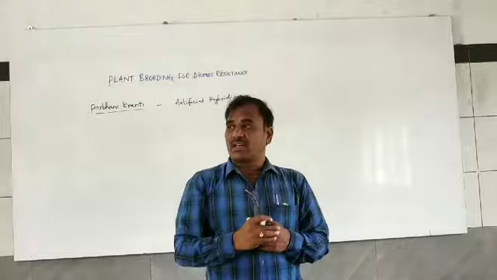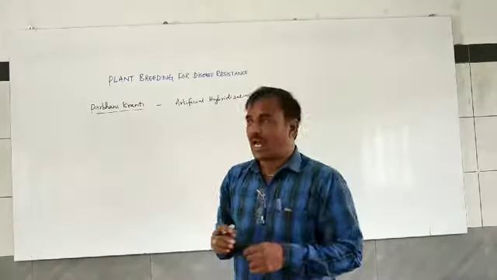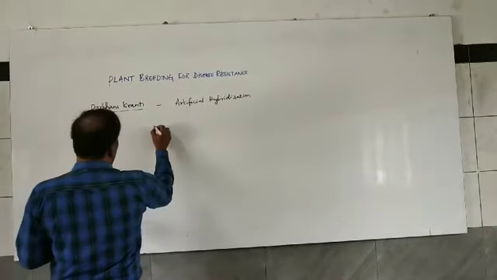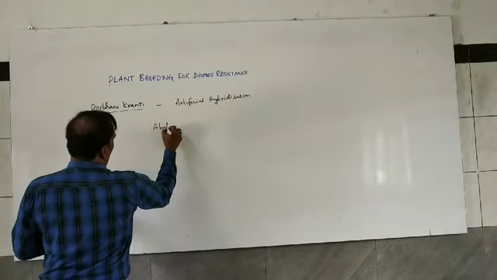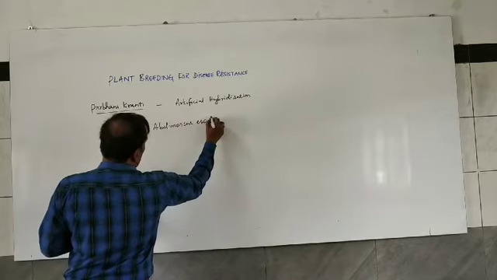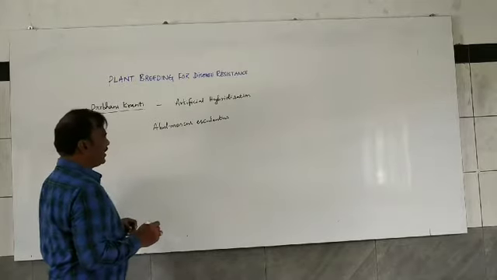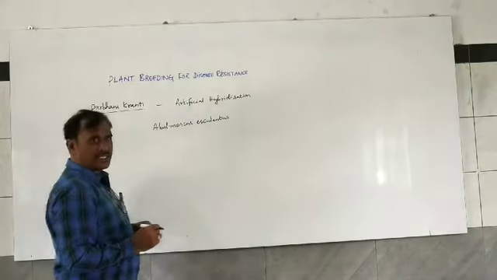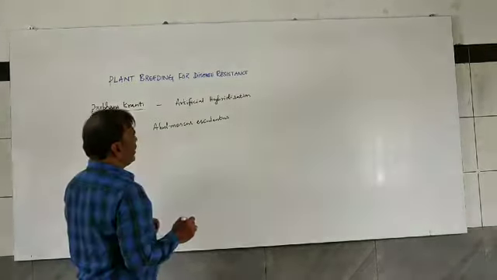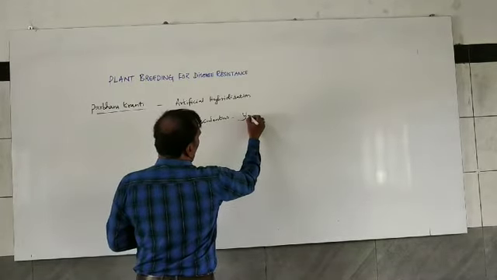In the artificial hybridization method, a high-yielding variety of Abelmoschus esculentus, the Bhendi or lady finger variety, is developed against the yellow mosaic virus.